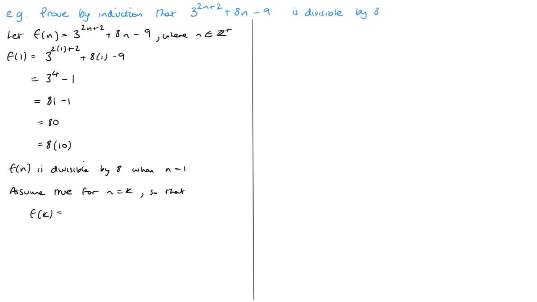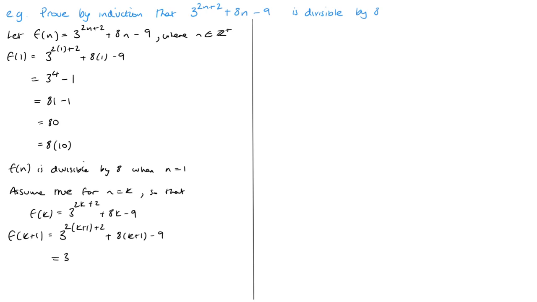So f of k is going to be 3 to the power 2k plus 2, plus 8k minus 9. So that is my f of k. Now we want to do our f of k plus 1. So 3 to the power 2 times k plus 1 plus 2, plus 8 times k plus 1, minus 9.